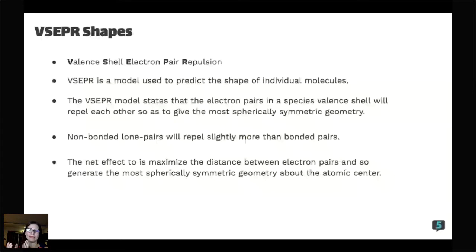And we have to remember that the non-bonded lone pairs will repel slightly more than bonded pairs. So with this in mind, we're going to start doing VSEPR structures.